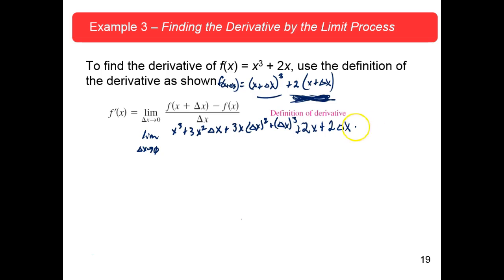Now we got to subtract off our f of x. Well, there's our f of x, so let's just subtract it off. That would be a minus x cubed, right? Okay. Next part.